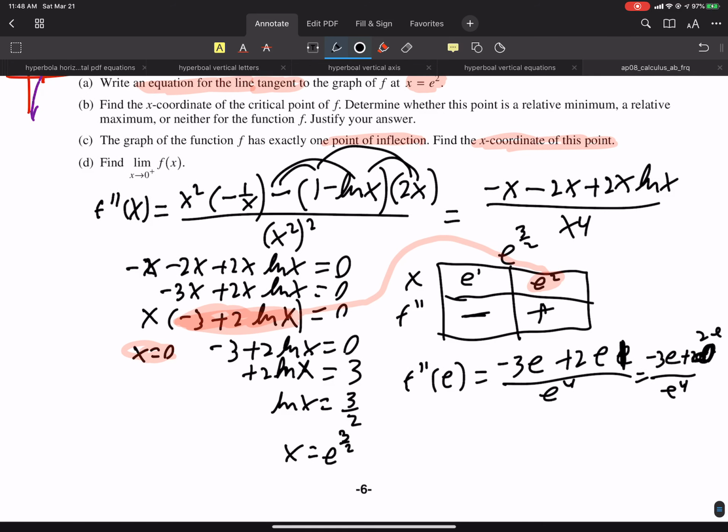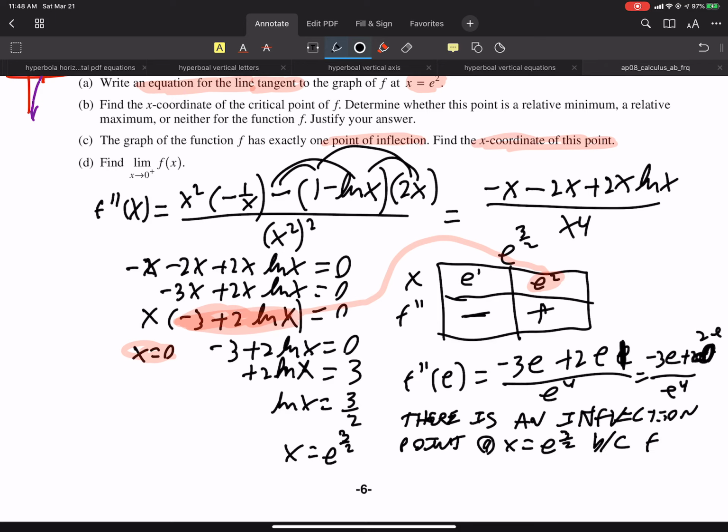So we can say there is an inflection point at x equal e to the 3 halves, and the reason is because f double prime of x changes signs at that point. All right, we're almost done.